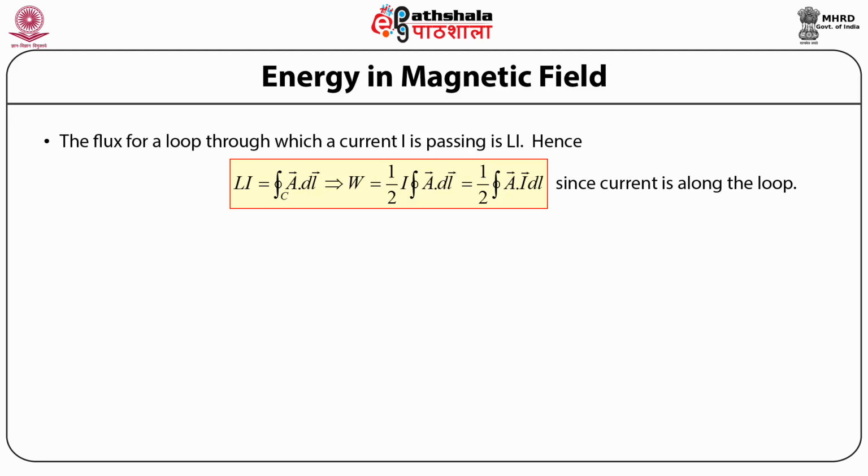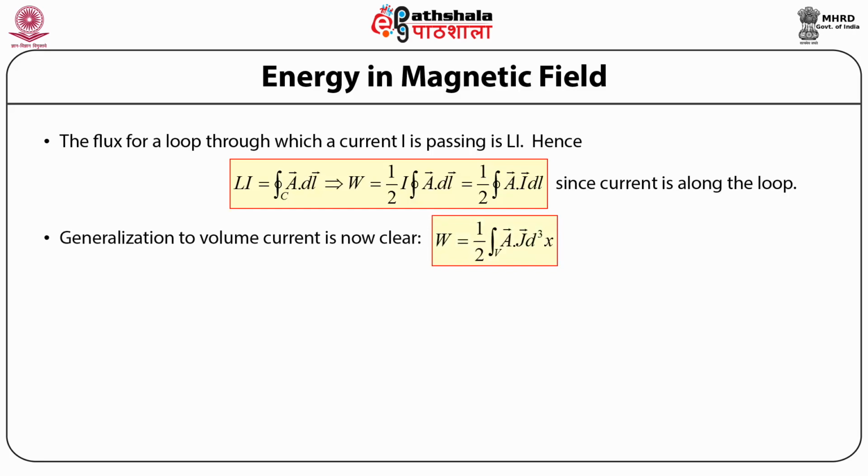Using this substitution, we can finally write down the total work done as W is equal to half times the volume integral over the volume element d cube x of the vector potential A dot the current density J, where the dot represents the scalar product between the vector potential A and the current density J. Here we have used the definition of the current density: the current can be written as the integration of the current density over the surface with the surface element dA.